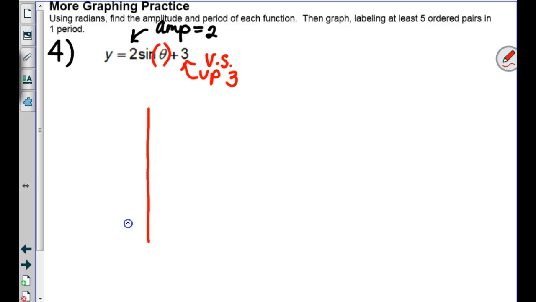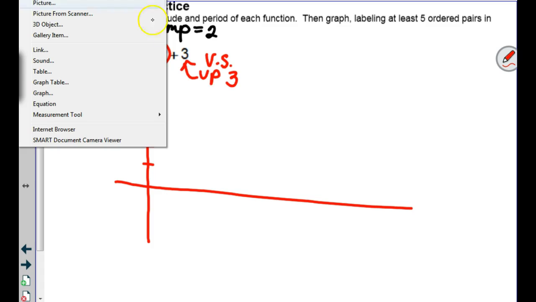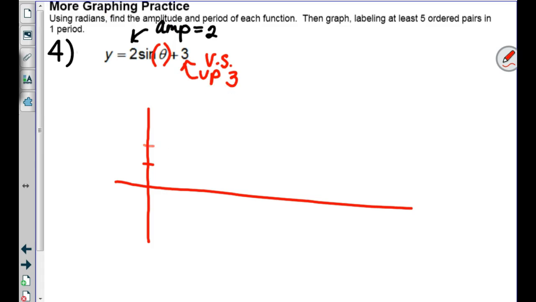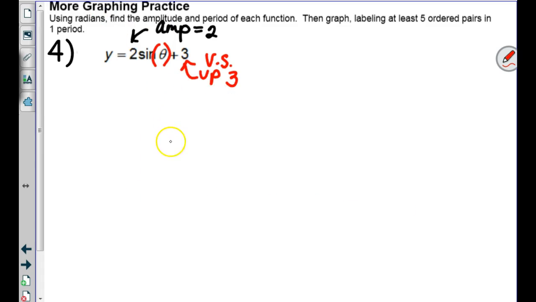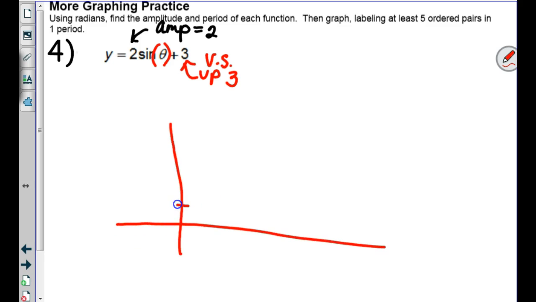So I know some teachers, and I'm okay with it, just have you rename this as the midline, right? I'm going to go ahead and sketch it with a vertical shift up 3. Let me try that over again. So crooked. Well, that's much better. 1, 2, 3, there's my midline.